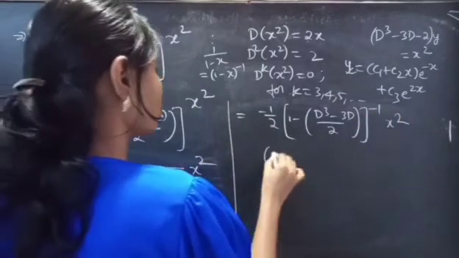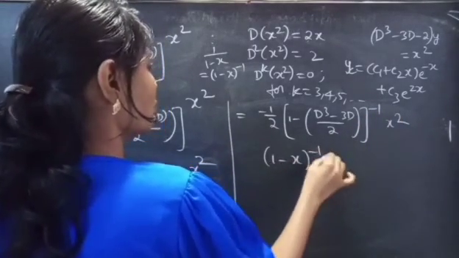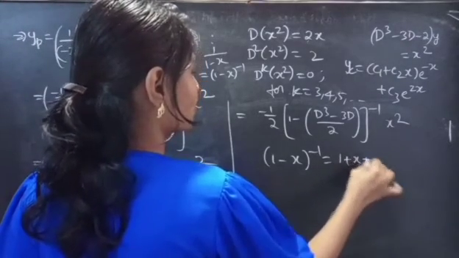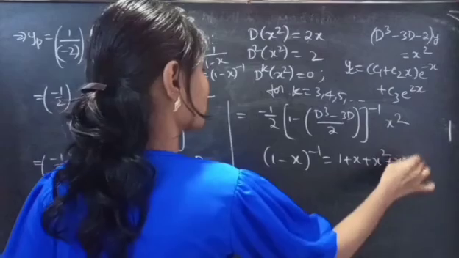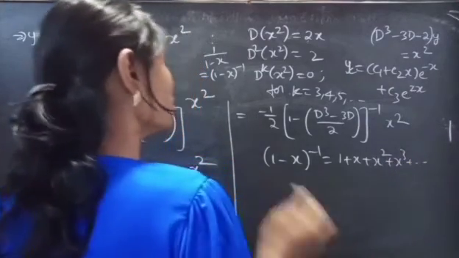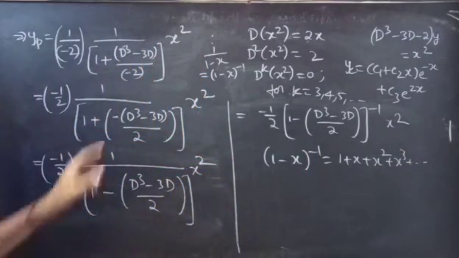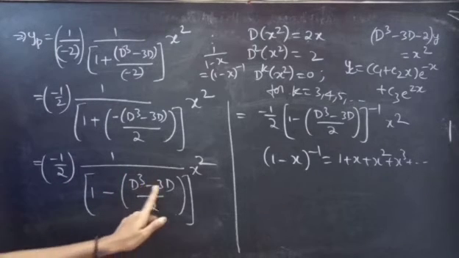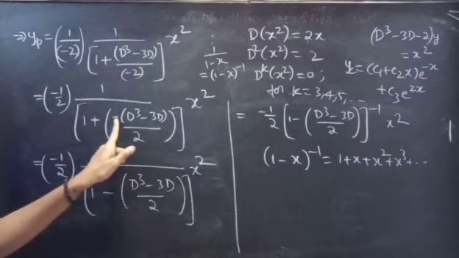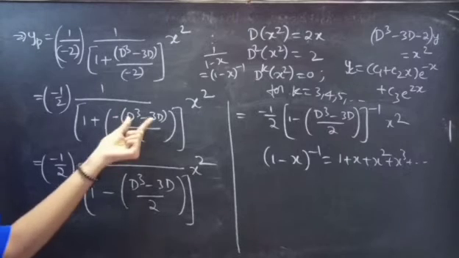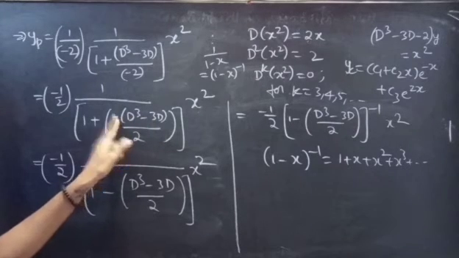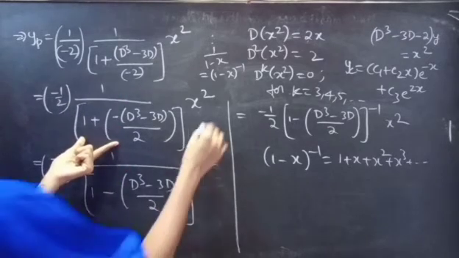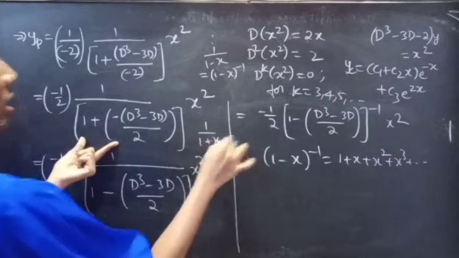Now we need to use 1 minus x whole inverse expansion, 1 plus x square plus x cube plus so on. See, why we are writing this as 1 minus (D cube minus 3D by 2): again here also, we can just multiply these two terms with minus. Okay, then we'll get 1 plus x form. We'll get the total fraction as 1 by 1 plus x form, right?